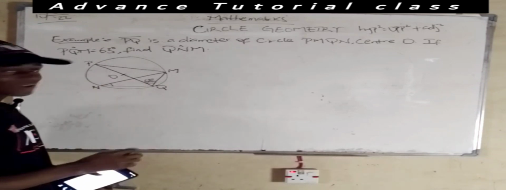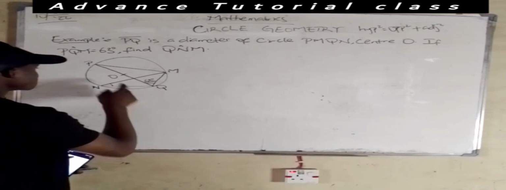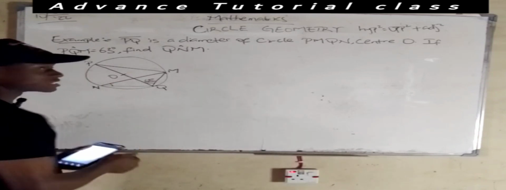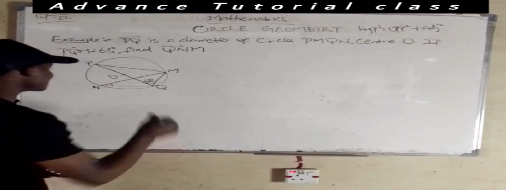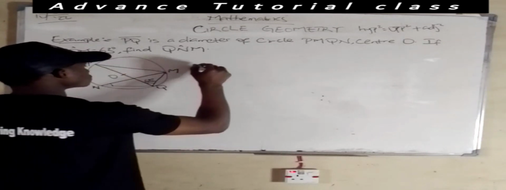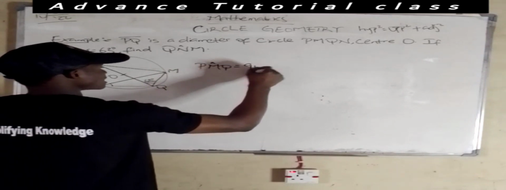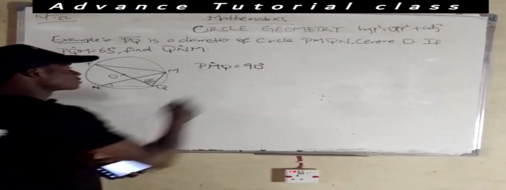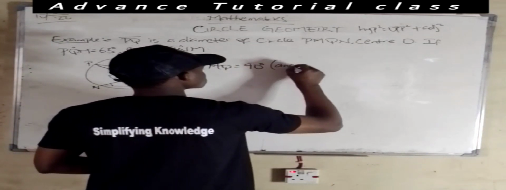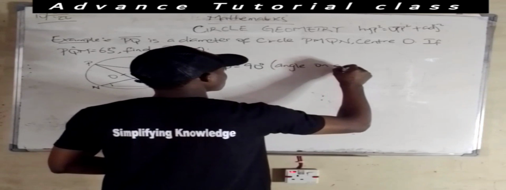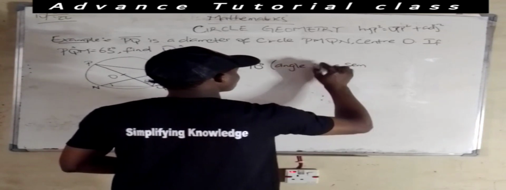The first thing you should notice is that we have a semicircle here. So using this theorem that we just learned, the angle in a semicircle is a right angle, meaning that PMQ equals 90 degrees. Angle in a semicircle.